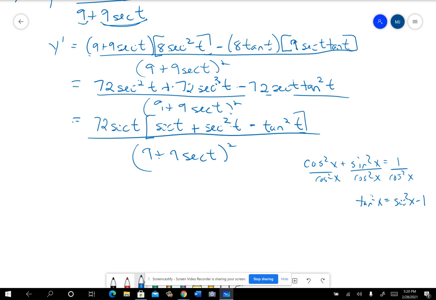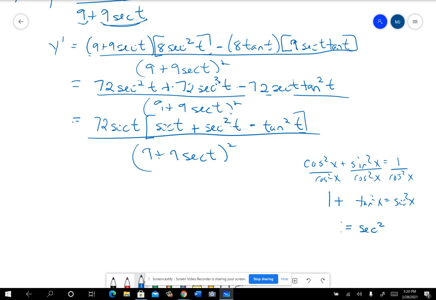So you remember how cosine squared x plus sine squared x equals 1? If I divide through by cosine squared x, then I have 1 plus tangent squared x equals secant squared x. And so if I subtract tangent squared x from both sides, that just reminds me that this is also an identity.